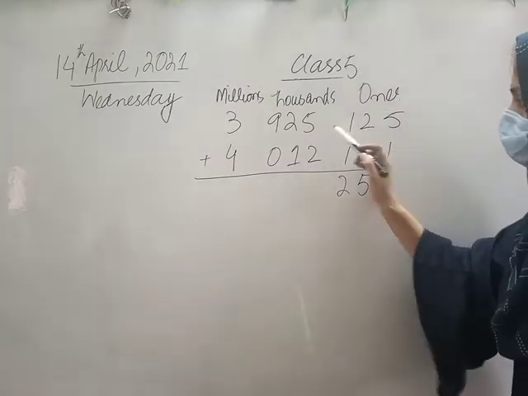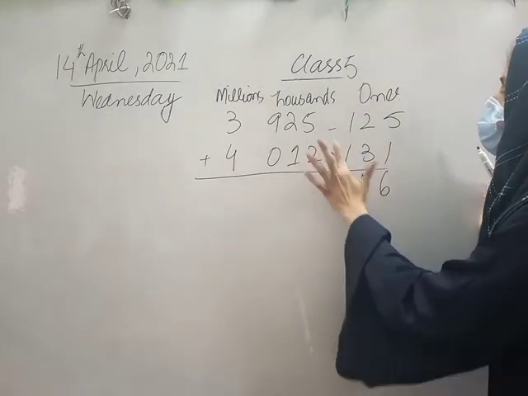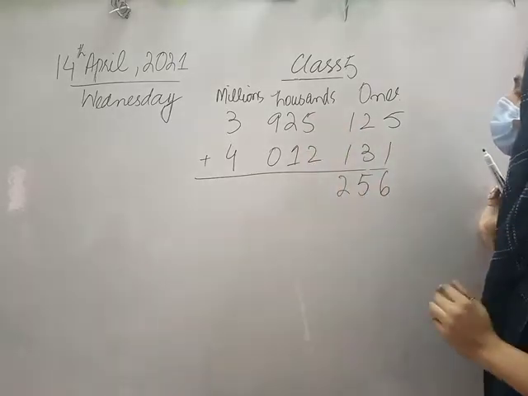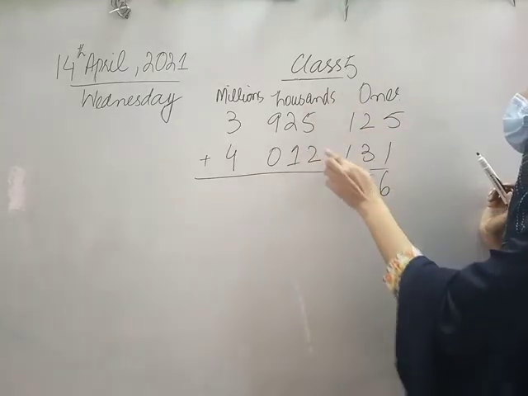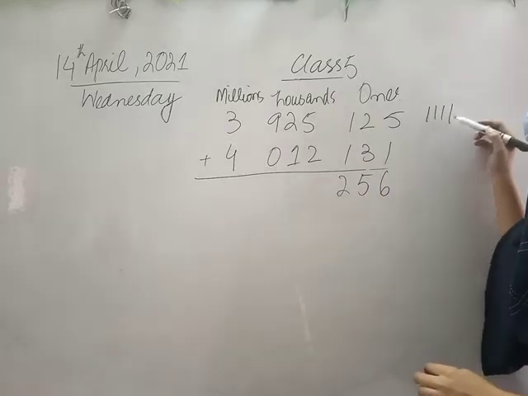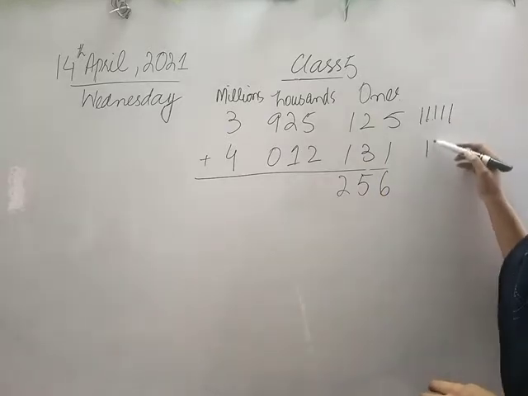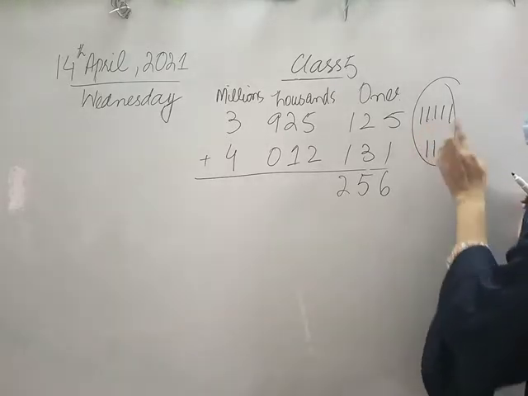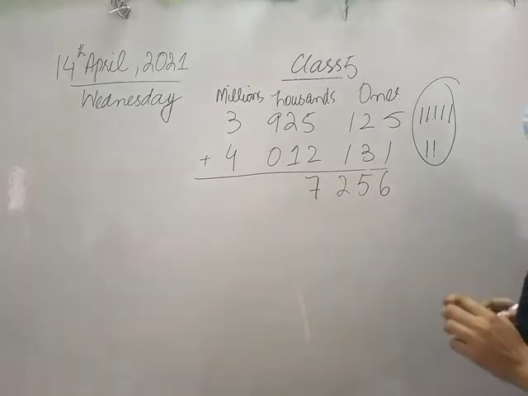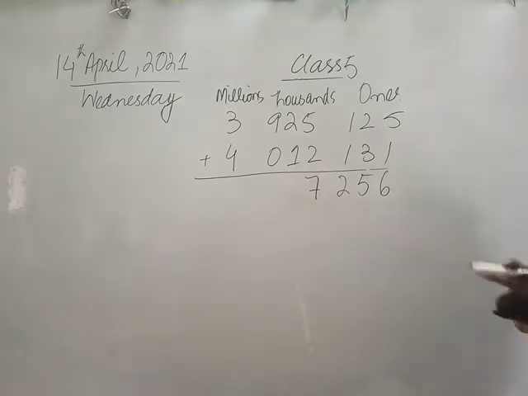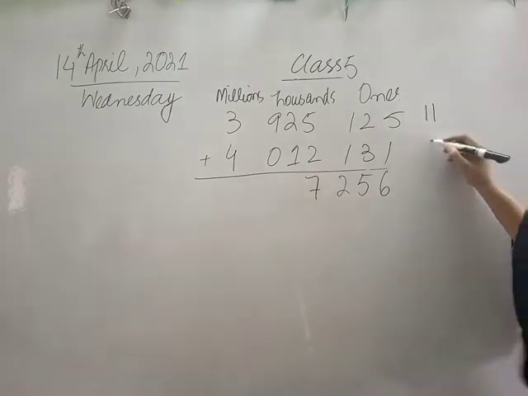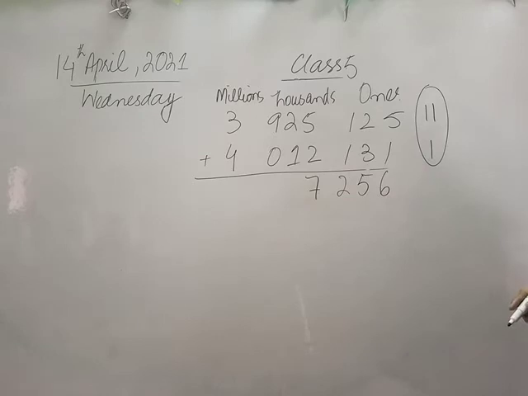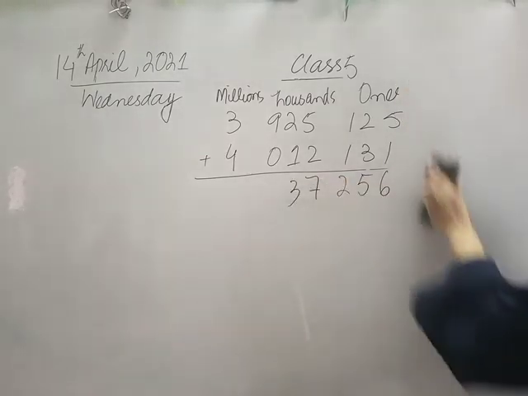Now, if you look, there is a space which indicates the next unit, which is thousand. So 5 plus 2. 5 for upper, 1, 2, 3, 4, 5 and 2 for lower. So in total we have 7. Fine, class? Now next, 2 plus 1 is 3.